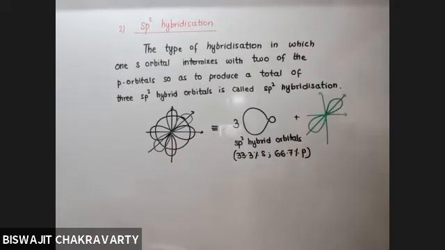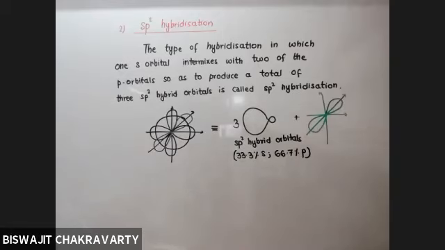Okay. This did not take part in hybridization, so it will remain as it was. Rest two p orbitals along the z axis and the x axis have taken part in hybridization.